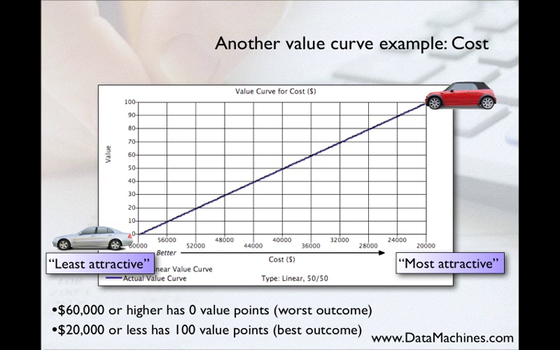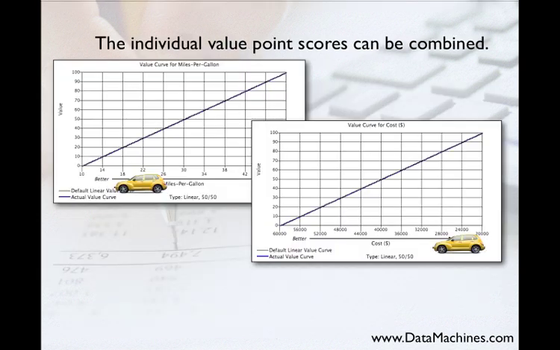Spending $20,000 would be this buyer's best outcome, and spending $60,000 would be this buyer's worst outcome. Most cars this buyer would consider would cost between $20,000 and $60,000 and would have value scores between 0 and 100. When you're comparing cars, you consider only cars somewhere between your attribute limitations, that is, between your best and worst outcomes.